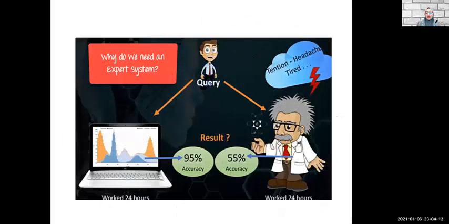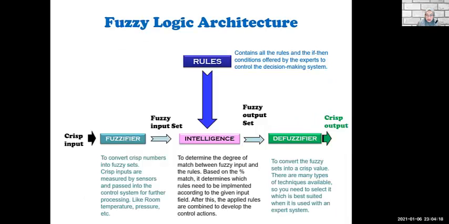And finally, this step will convert the fuzzy set into crisp value. There are many types of techniques available, so you need to select the one best suited for use with an expert system. So when we output to the environment, we need to convert the fuzzy value to the crisp value.